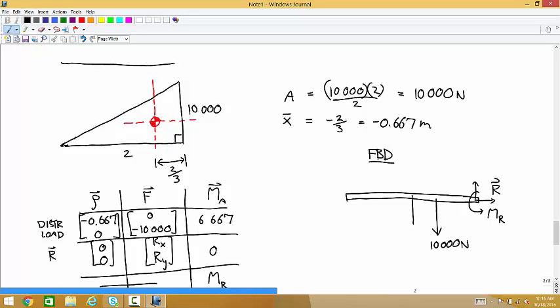This free body diagram would just have the weight as a third force, and it would have its own row in the table, yep.